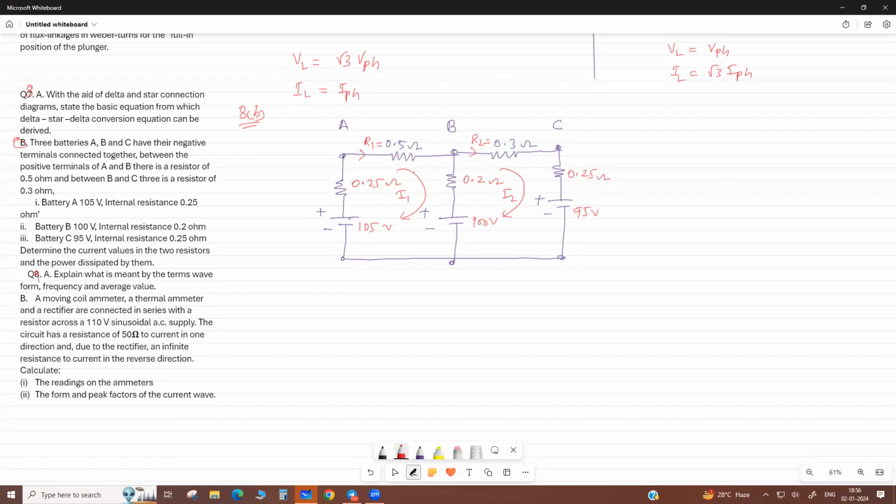So by loop analysis we calculate I1, I2. After calculating I1, I2, they are asking to determine the current in the two resistances, then the power dissipated. If you calculate the currents I1, I2, then the power dissipated we calculate, P1 and P2. It is I1 square R1, and this is I2 square R2. Okay, easy.